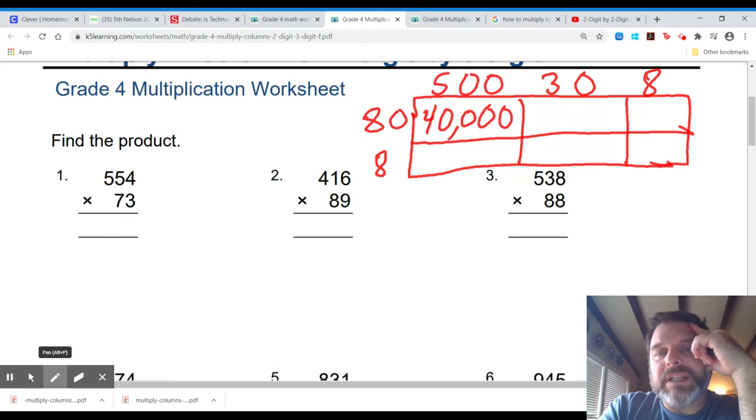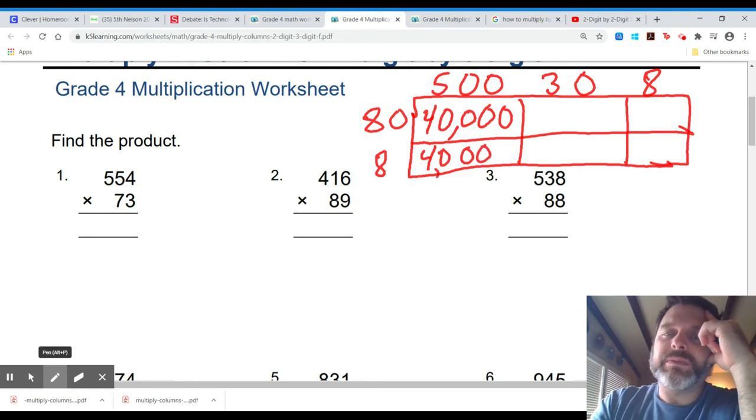Now the next one below it, it's 8 times 5, and that's 40 again. And we're going to add the other 2 zeros to it. 1, 2 from the 500, 4,000. All right, the next one over, we got 8 times 3. The front 2 numbers is 24, and we add the zeros. So 0 and 0, 2,400.